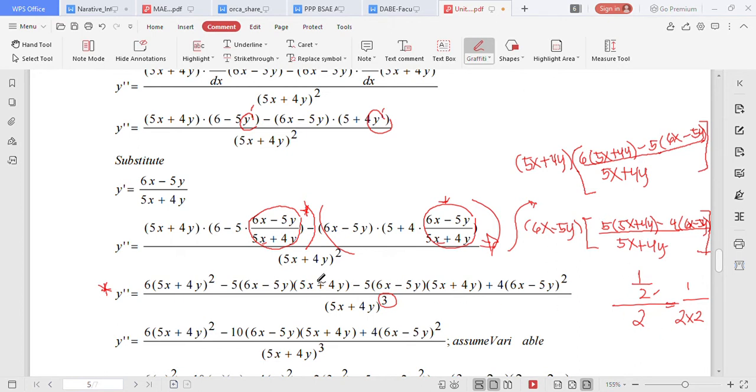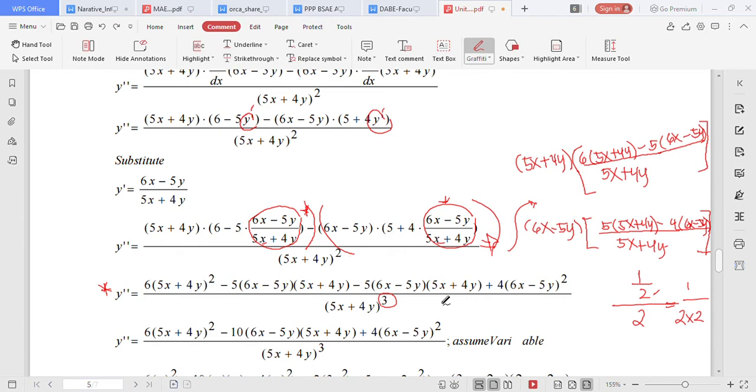What remains is (5x plus 4y) cubed, because an additional 5x plus 4y is added below, so when you multiply, that will become cube.